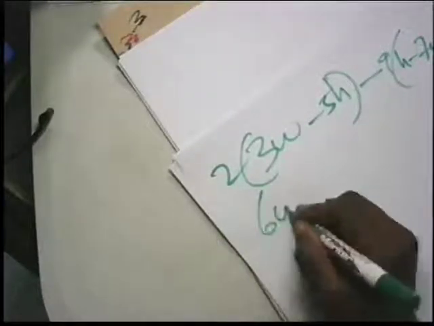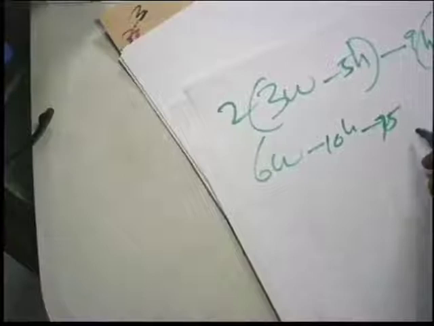Let's open the bracket. 2 by 3, 6w minus 2 by 5, 10h. Then minus 9 by h is minus 9h, and minus 9 by minus 7w, which is plus 63w. So we are trying to make it in this way.